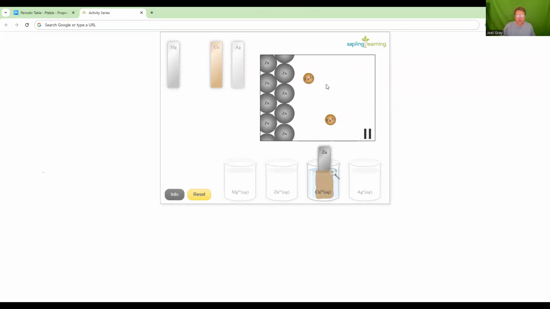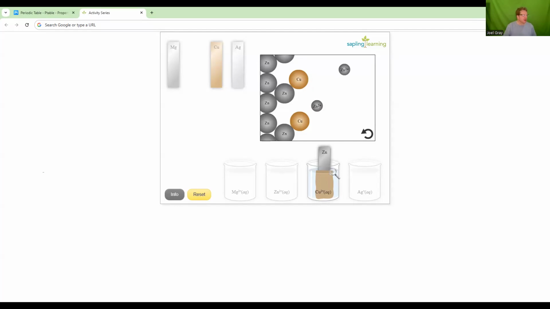Copper ions come in and collide. Oh, the copper is swiping electrons from the zinc. So in this case, copper is picking up electrons. So is copper getting oxidized or reduced? It's the copper ions gaining electrons.